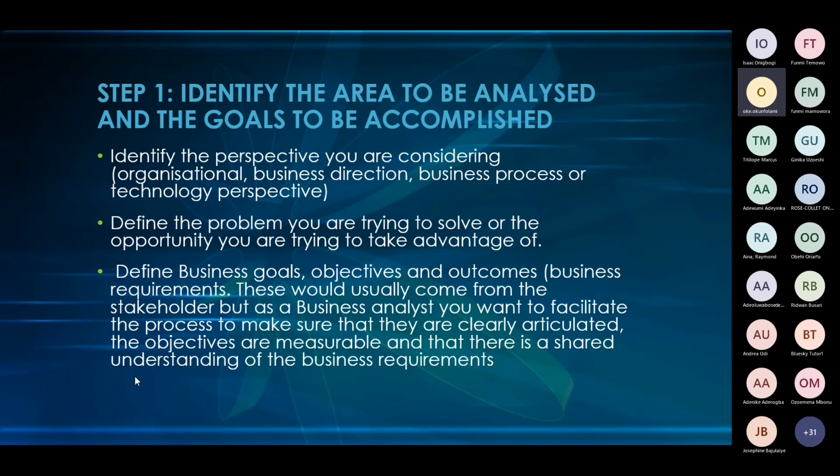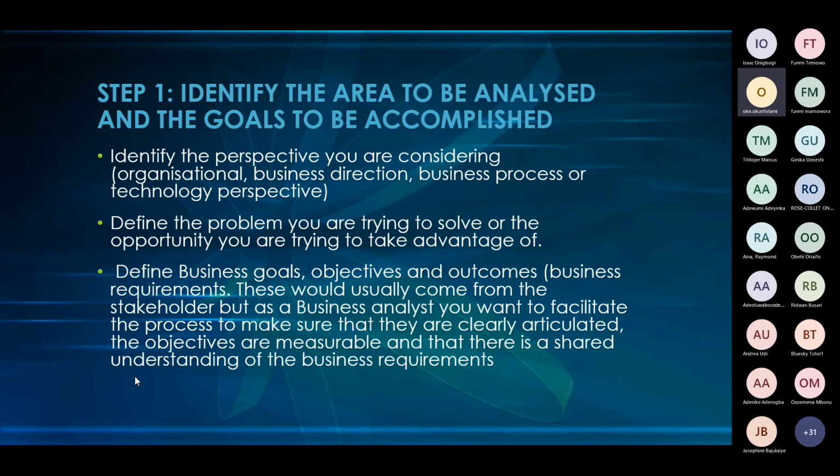So when you identify that, you then define the problem, and that's where you have your business goals and all that. So define the problem you're trying to solve or the opportunity you're trying to take advantage of. And that's where you get your business goals, objectives, and an outcome. Very important is the fact that these would eventually drive your business requirements.